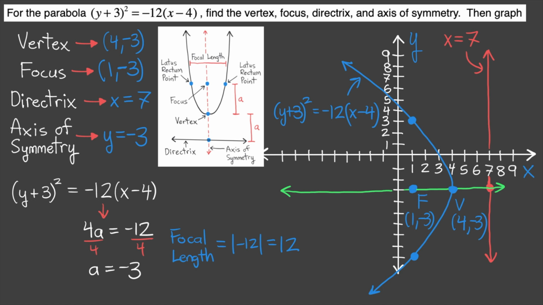All right. So there is the graph of our parabola, y plus 3 squared equals negative 12 times x minus 4. Let's also label the axis of symmetry, just to completely label this diagram. So that was y equals negative 3. All right, there it is. There's our final graph.